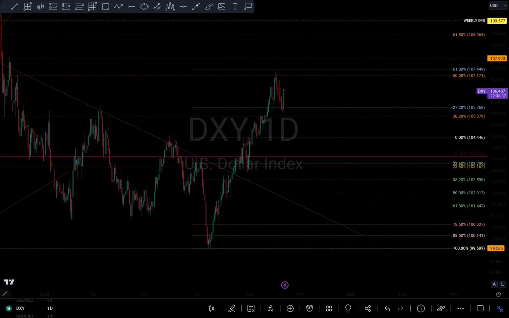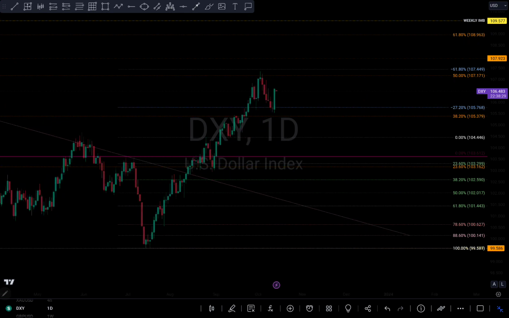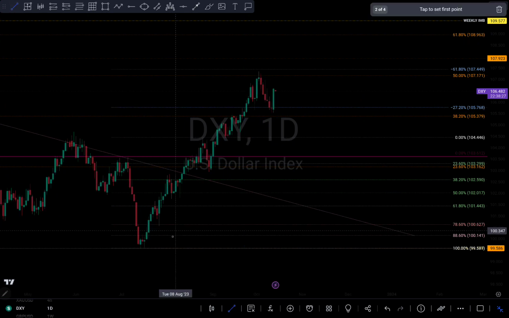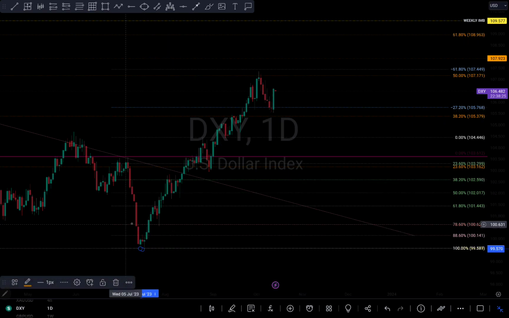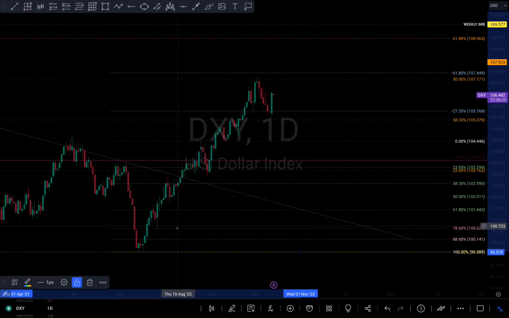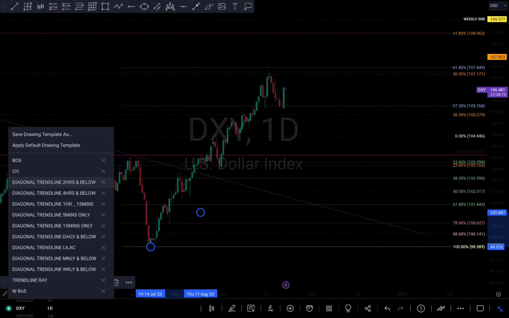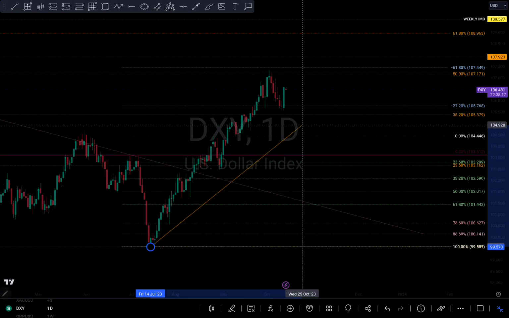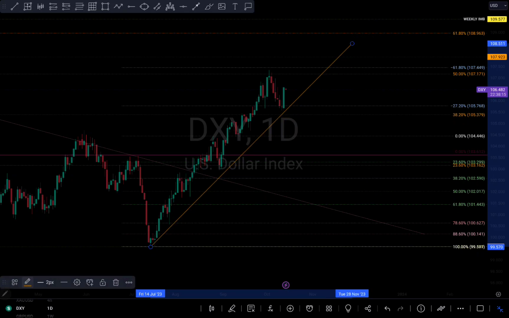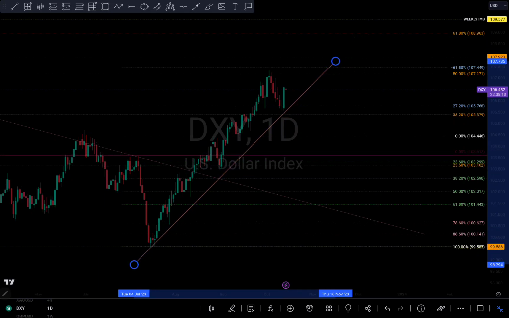So we can see that the XY on the daily time frame is still giving me a bullish momentum around this area right here. So I can draw a new trend from here to here. This is a daily trend from here to here. Change the color.